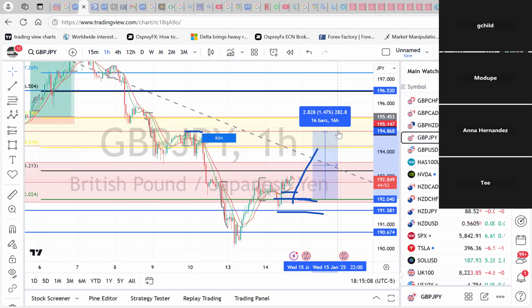Just take it to the highs. There's liquidity here, so we know it's going to go and at least grab the liquidity before pulling back. And then I think there will be one more push. Yeah, possibly. It's definitely going to be one more push.